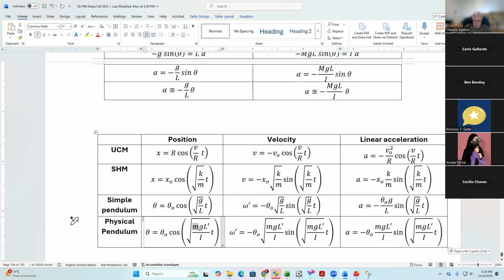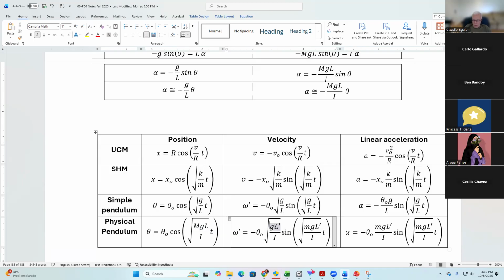I'm going to put capital M here, capital M, gL instead of L prime, right? Let's erase L prime here. And the square root of g over L is replaced by the square root of MgL divided by I.